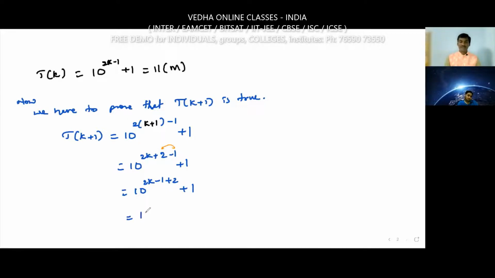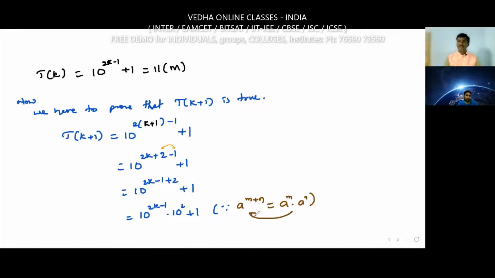Now 10 power 2k minus 1 into 10 square, I am writing. What is the formula here? The basic formula: a to the power m plus n we can write as a to the power m into a to the power n.